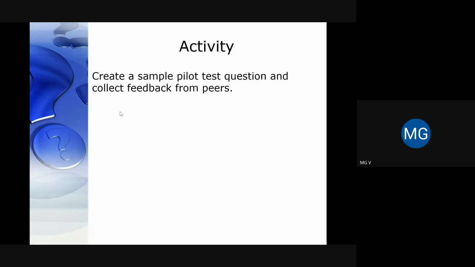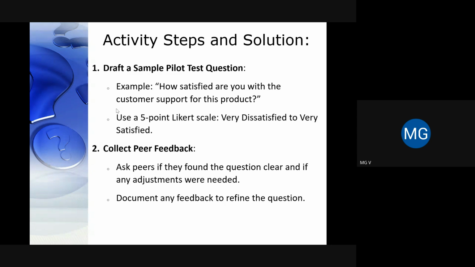Now you can create a sample pilot test question and collect feedback from peers. How can we do this? We can draft a sample pilot test question as I discussed. How satisfied are you with the customer support for this product? You may use a 5-point Likert scale ranging from very dissatisfied to very satisfied.